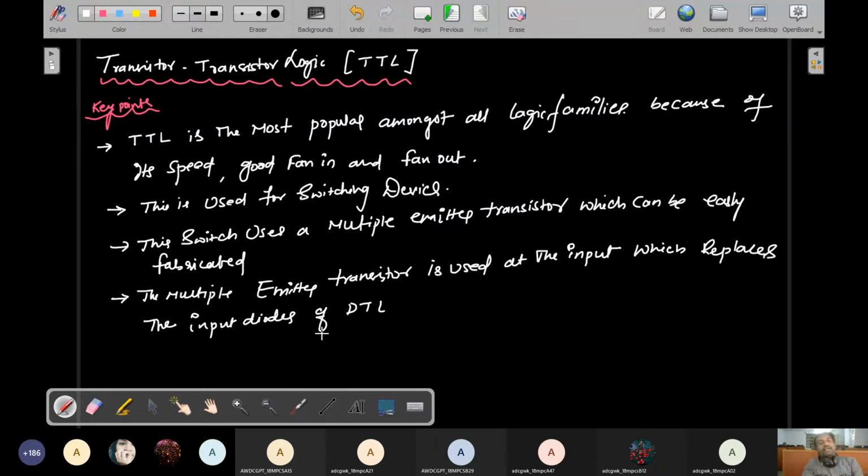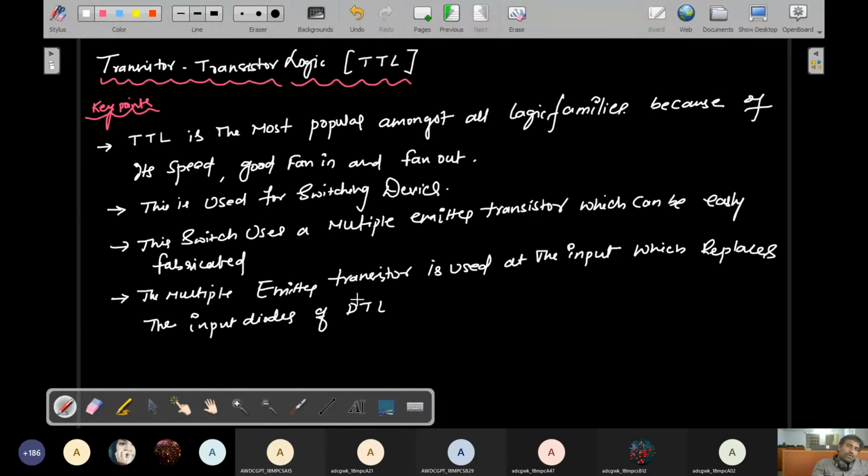In your previous class we discussed DTL, diode transistor logic. But why is transistor logic so usable and popular?